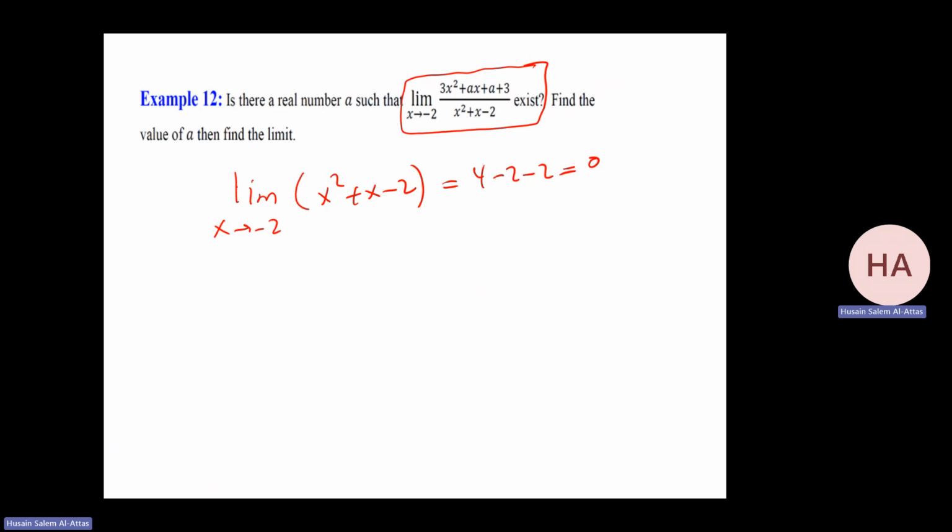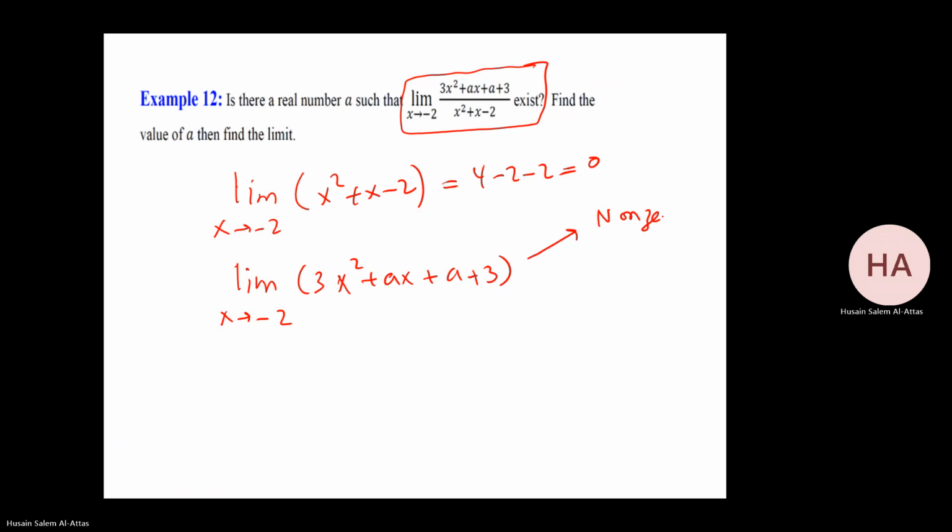Okay. Now, what will happen to the limit of the numerator of this one? Just to explain it, I said it's either non-zero or zero. There is no other possibility. Now, if you think about non-zero, this is impossible. Why?